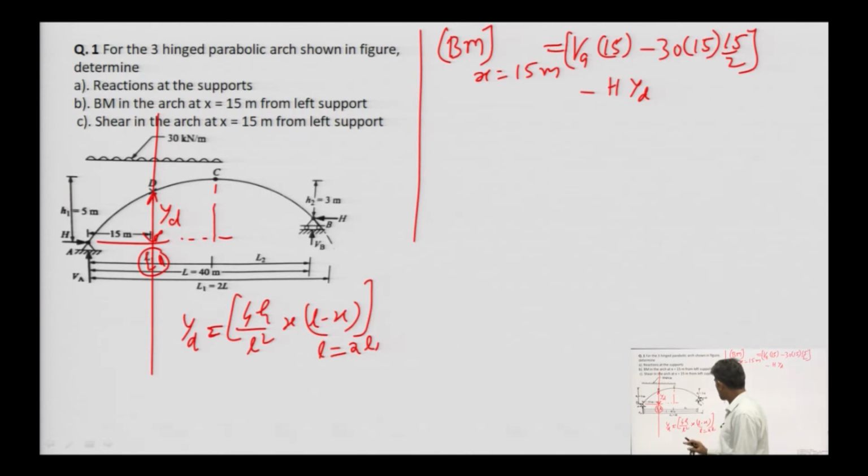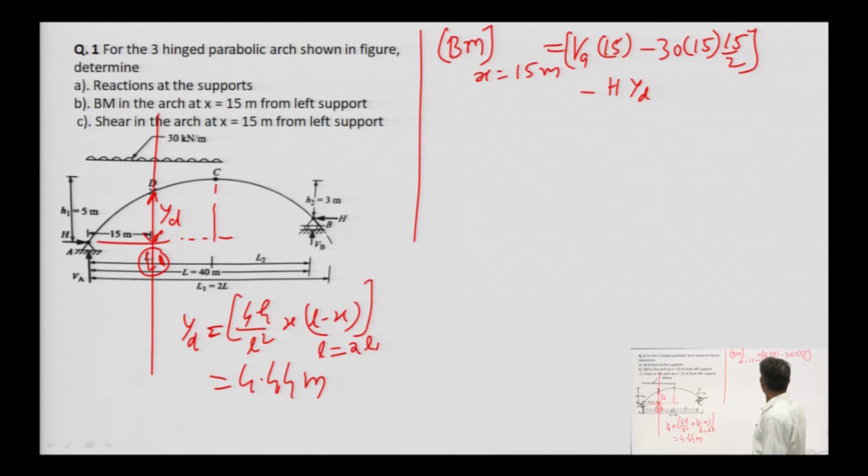So, to make the symmetry, take the value of L as 2L1. By putting the values we will get 4.44 meter, the value of Yd as 4.44 meter.